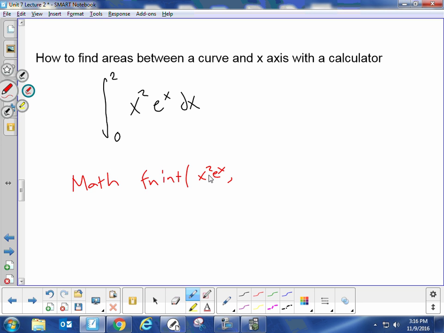You'll say, take this derivative with respect to x. Press comma again, and then you'll give it the boundaries starting at 0, comma, going to 2. Okay? So just in general, it's FNINT of the function, comma x, comma a, comma b.